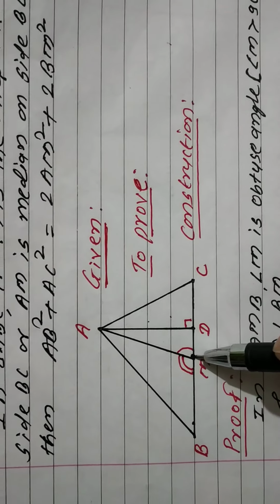Proof. In triangle AMB, angle M is obtuse angle.